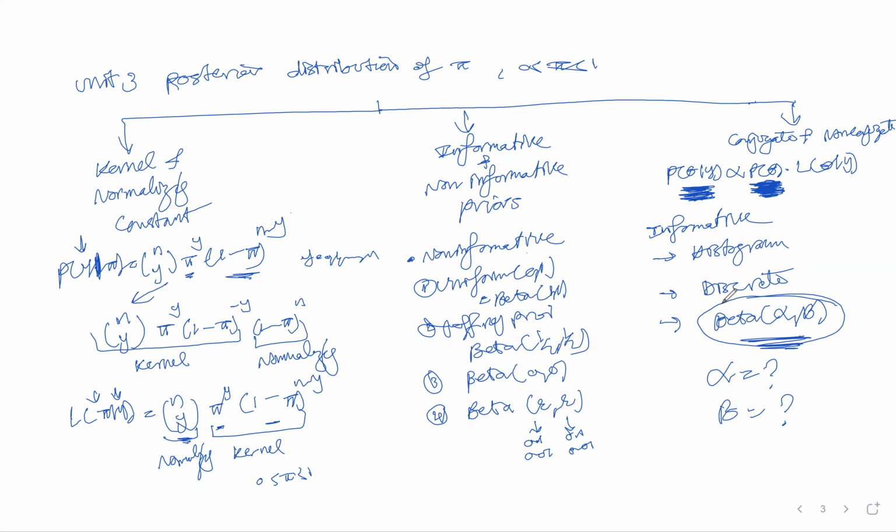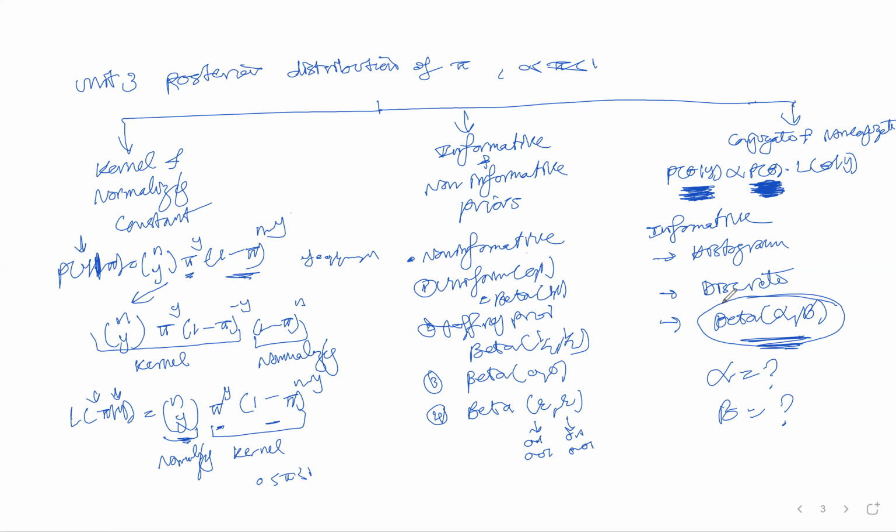The multiplication would be a kernel of some specific distribution. Maybe this kernel is a kernel of a normal distribution, maybe a beta distribution, maybe a gamma distribution, maybe an exponential distribution, a Poisson distribution, and so on. But once you know what the posterior distribution is, now you can do estimation and inference.